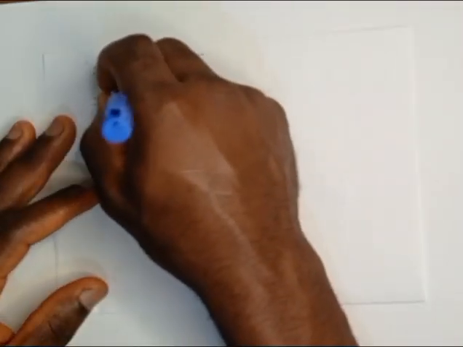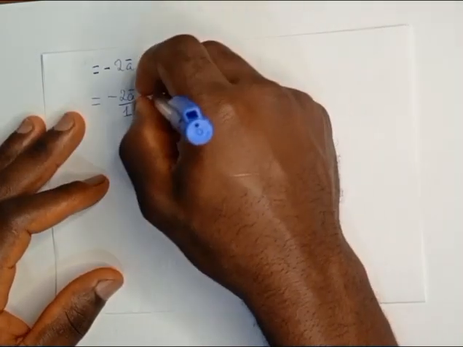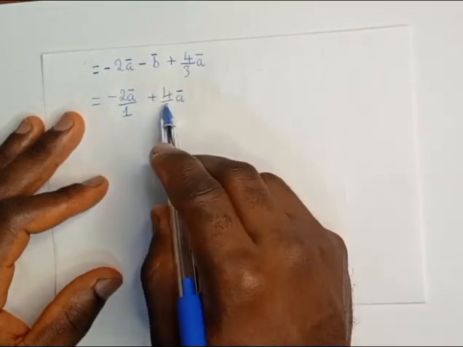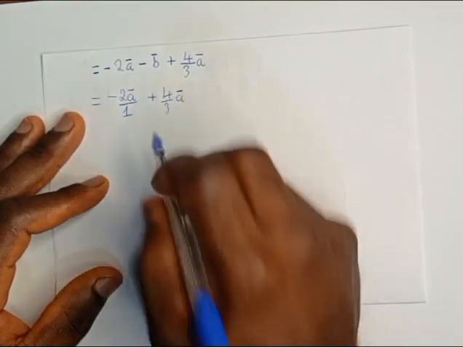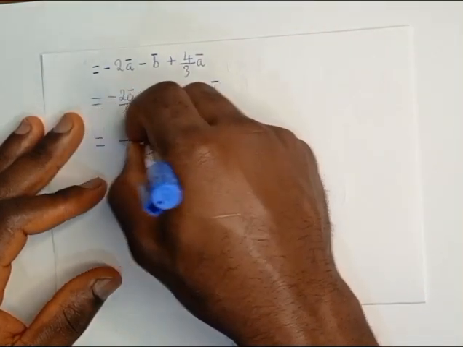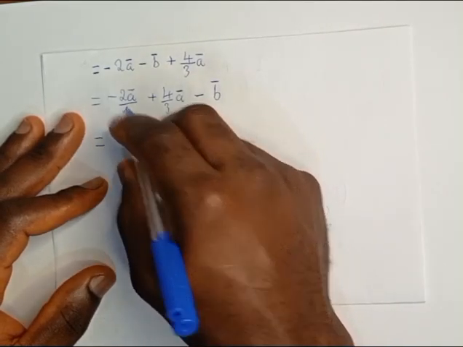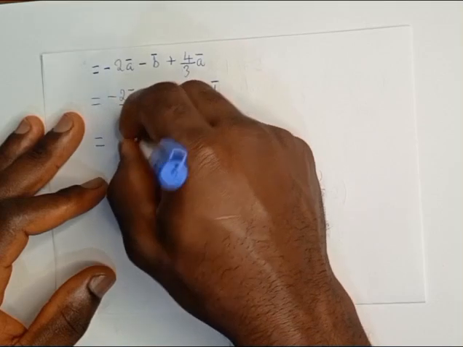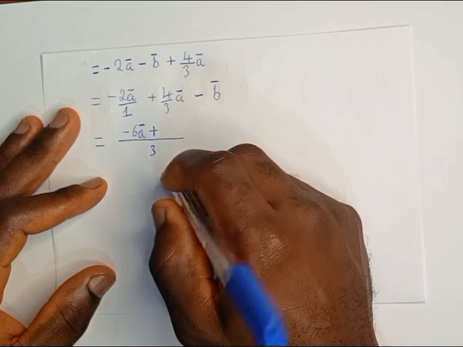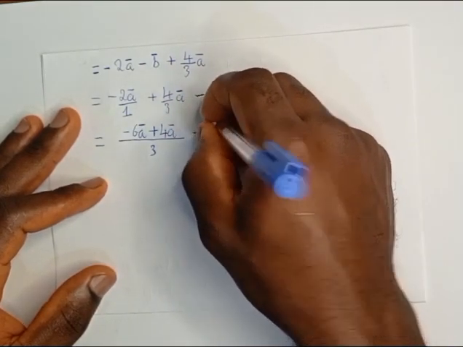This will be equal to negative 2A bar, which can be written as negative 2A bar over 1, plus 4 on 3 A bar. We are going to add these two because they are vectors in A bar, minus B bar. This will be equal to, the LCM of their denominators is 3. 3 divided by 1 gives us 3 times negative 2A bar gives us negative 6A bar, plus 3 divided by 3 gives us 1 times 4A bar, minus B bar.